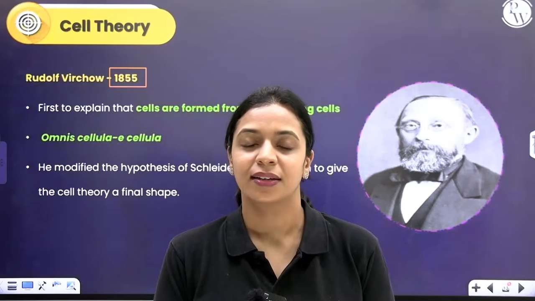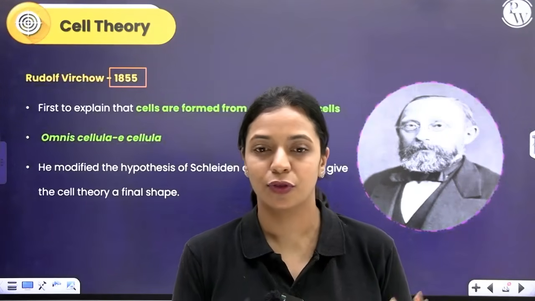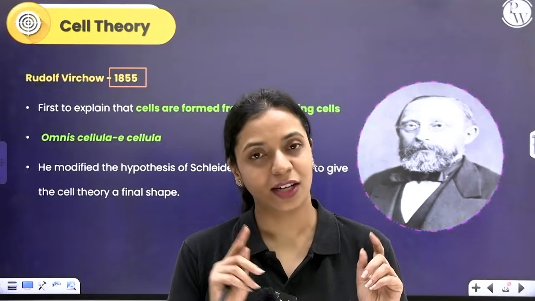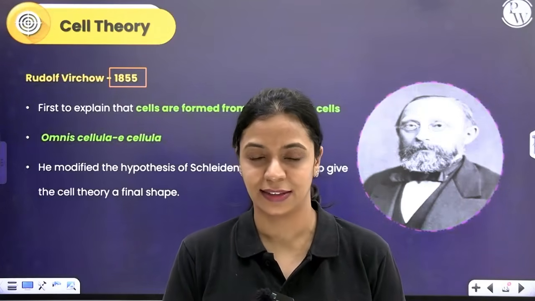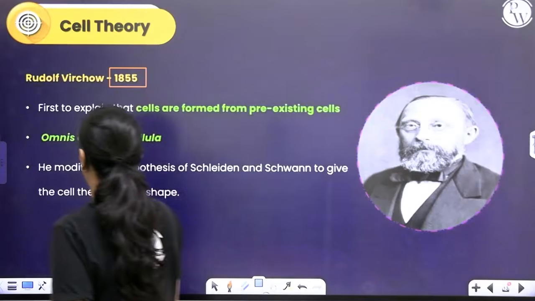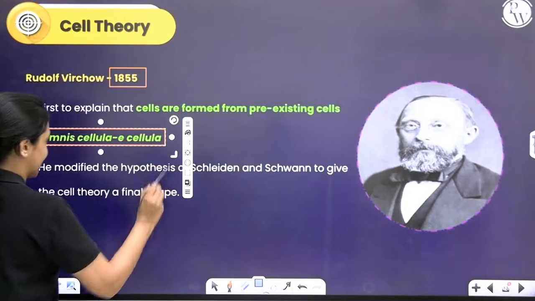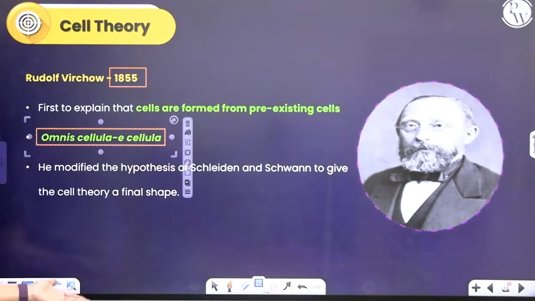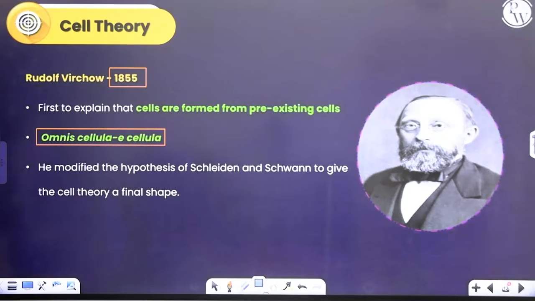He says that cells arise from pre-existing cells. They include this statement also in the cell theory, and in Latin it is omnis cellula e cellula, which means cells arise only from pre-existing cells. New cells can arise only from pre-existing cells.